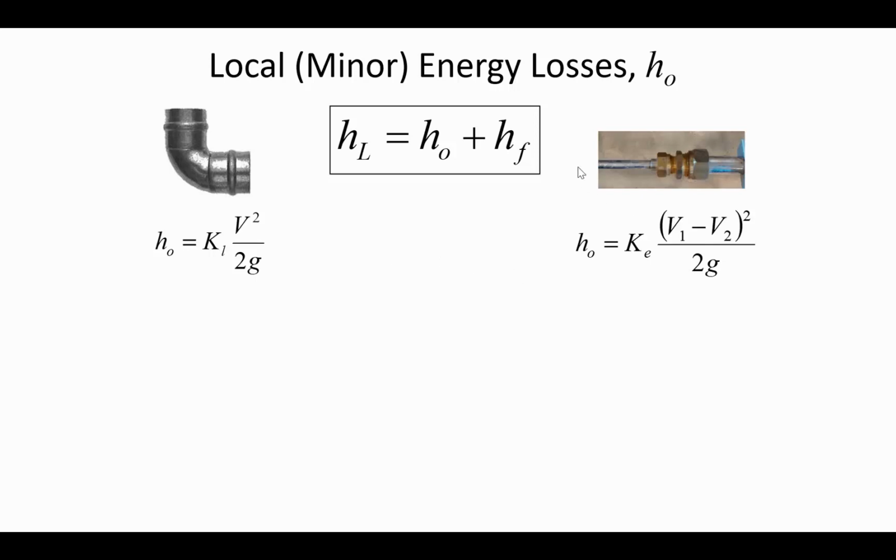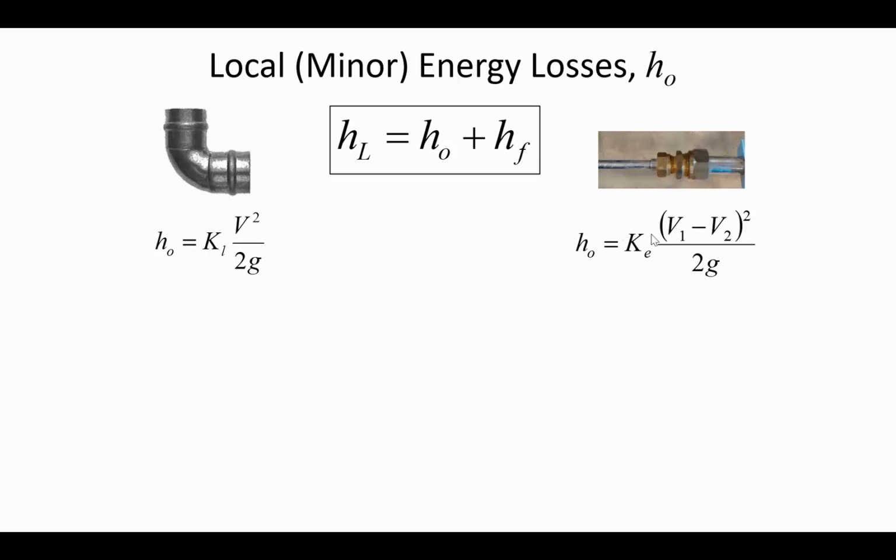Sometimes we have a pipe expansion or reduction in diameter. Here's a picture from the pipe rack in the fluid mechanics lab. When we were working on the last experiment of the semester doing just that demo, you had both an expansion and a contraction. You have to be sensitive to the data that you have available, because if you're calculating the head loss through a diameter change, sometimes the K value is meant to be multiplied by the change in velocity head, and sometimes that K value is specifically calibrated to be multiplied by the entrance or the exit velocity head.